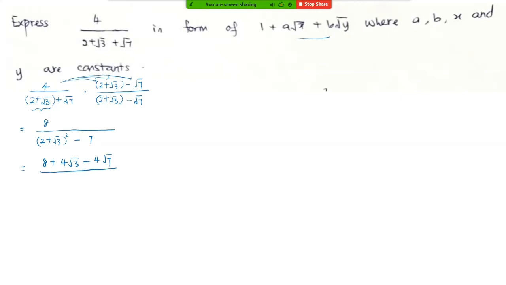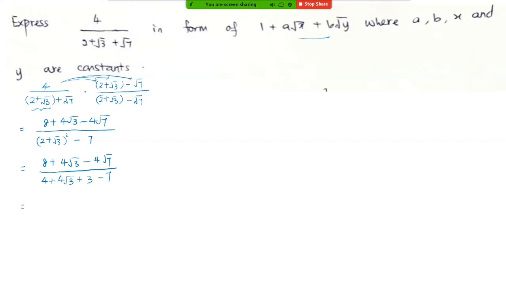I should write up here. And let's solve whatever is down here. So expand this. We have 4 plus 2 times 2 times root 3, which is 4 root 3. And then square the root 3, so we have 3, and we minus 7.